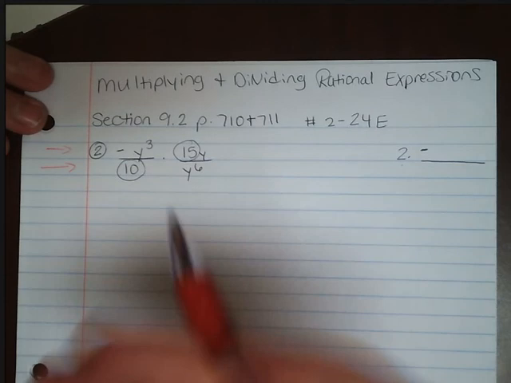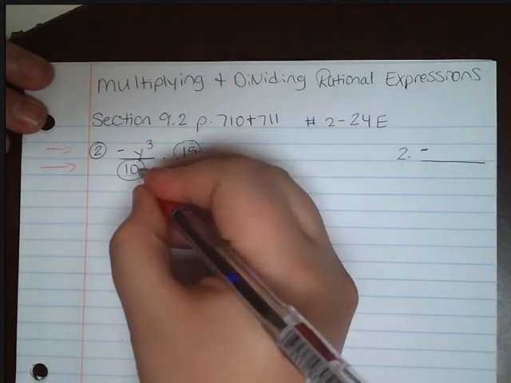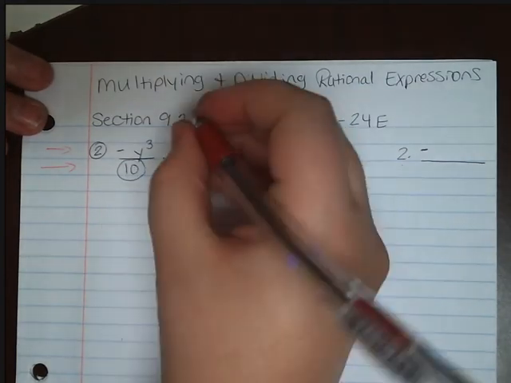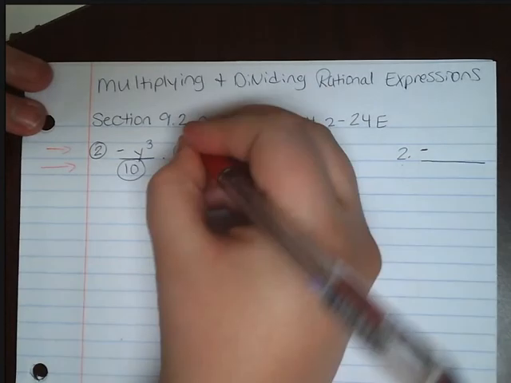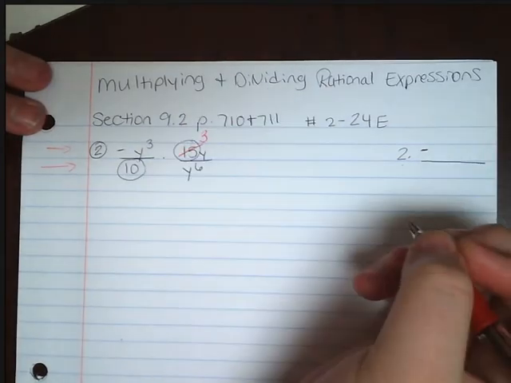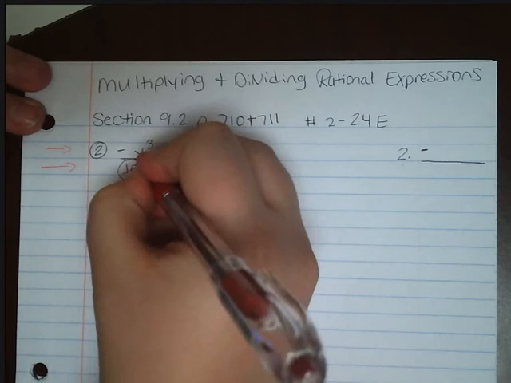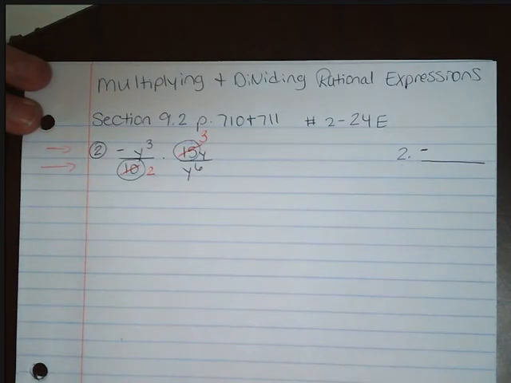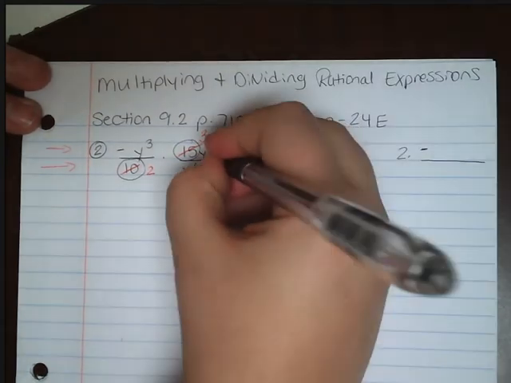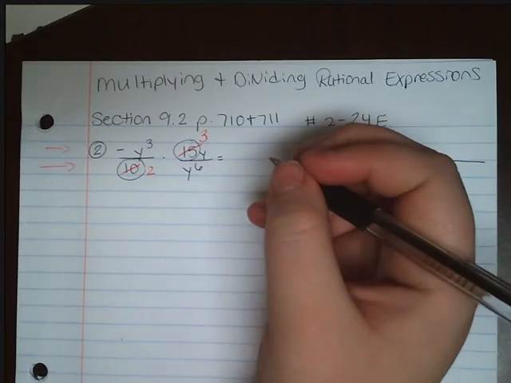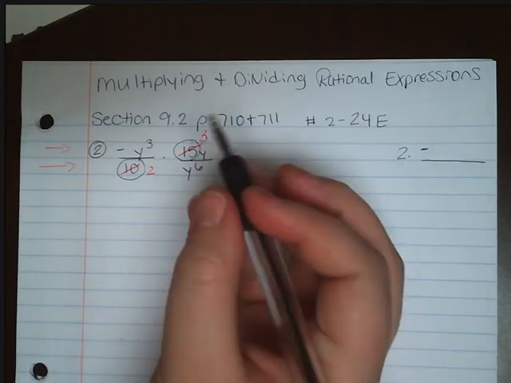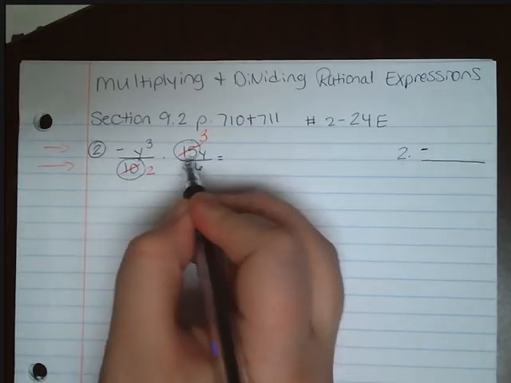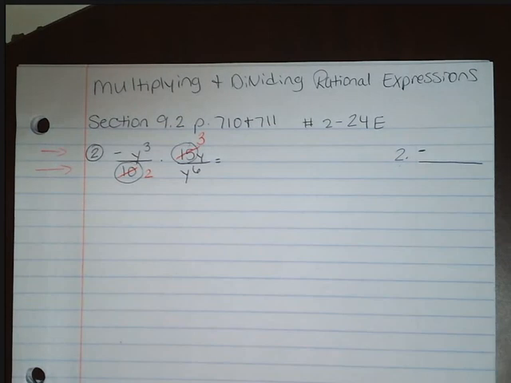The number that goes into both of these is 5. 5 goes into 15 3 times, and 5 goes into 10 2 times. I only recommend simplifying the coefficients, which is the number in front of the variable, before you multiply. Try not to simplify the variables because it's just going to get a little confusing.